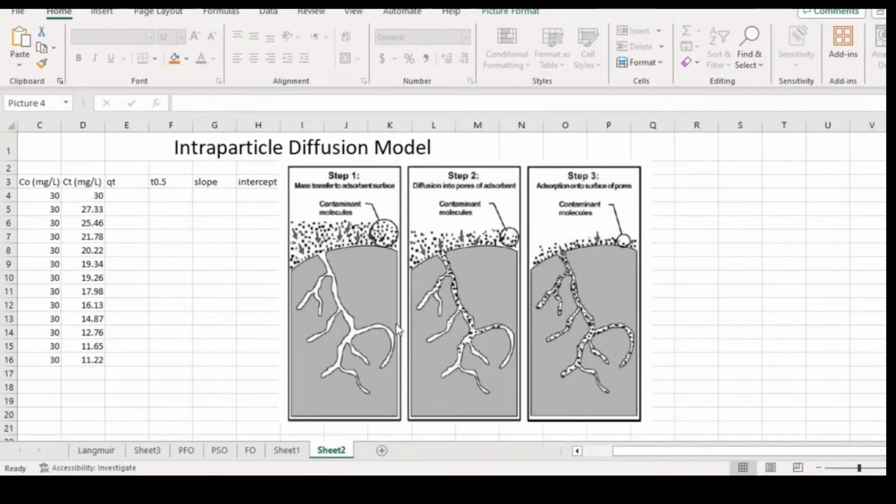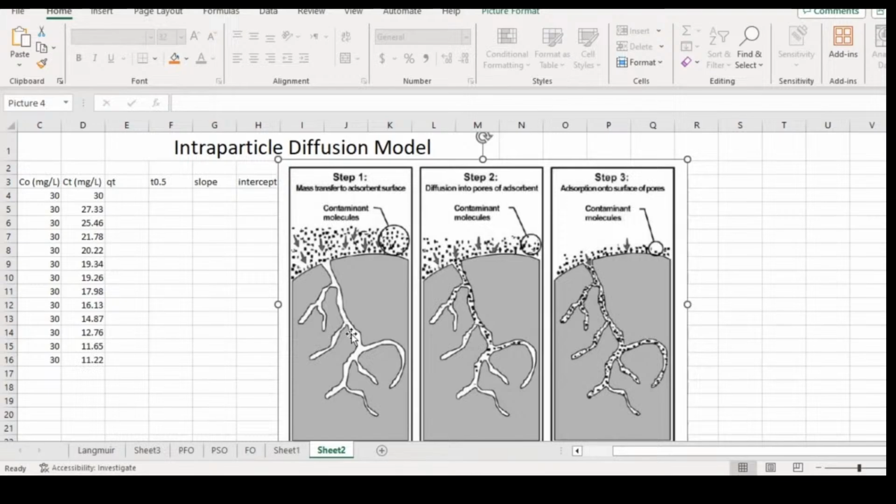In this figure, you can see that intraparticle diffusion is explained a bit. You can see the intraparticle spaces inside an adsorbent, and the adsorbate molecules can enter inside and adsorb onto the active sites. So this model basically explains the process of diffusion.